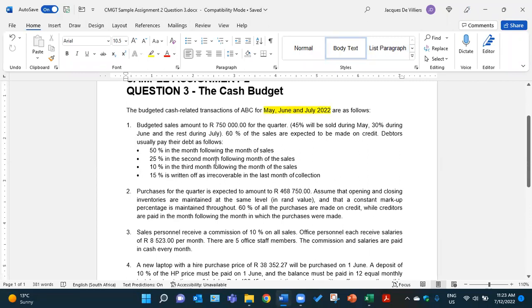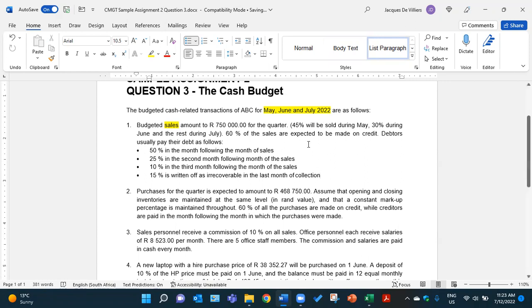Budgeted sales amount to 750,000 for the quarter. So the first item that I'm going to have in my cash budget is sales. 45% of this will be sold during May, 30% during June, and the rest during July.